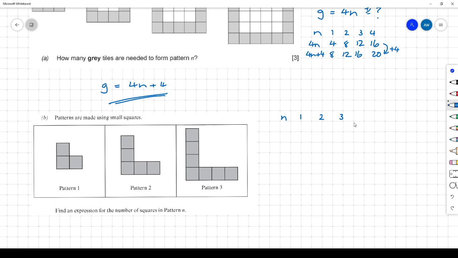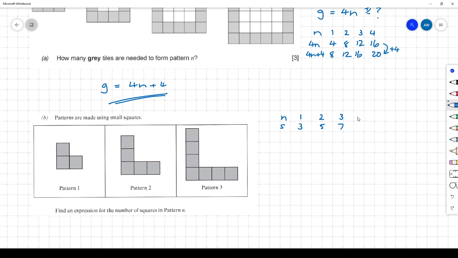We've only got 3 because we've only got 3 patterns, and the sequence, which I'm going to call S like we've done before, that we get from our 3 diagrams is the number of squares. You can think of S being the number of squares if you like. We've got 3 squares in the first pattern, 5 squares in the second pattern, and 7 squares in the third pattern.